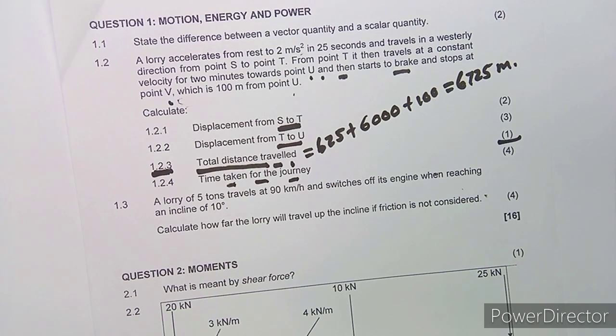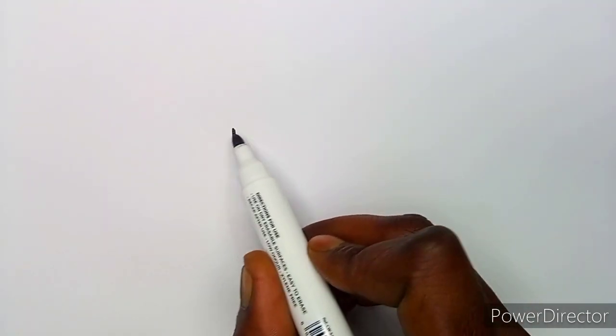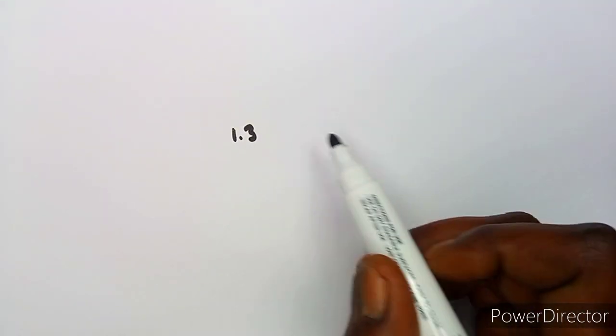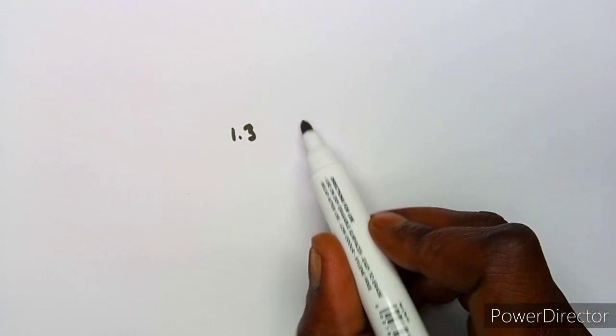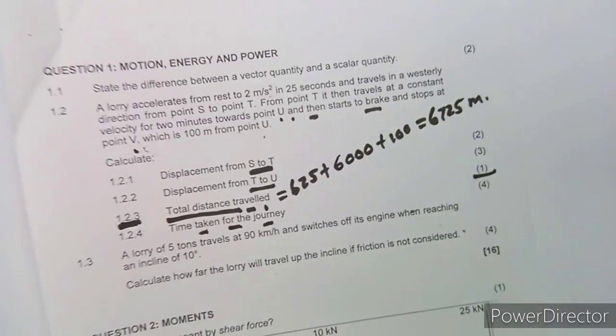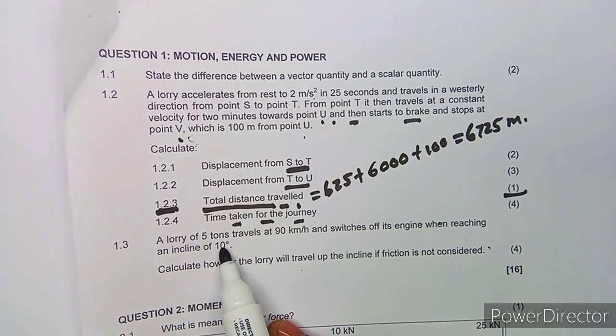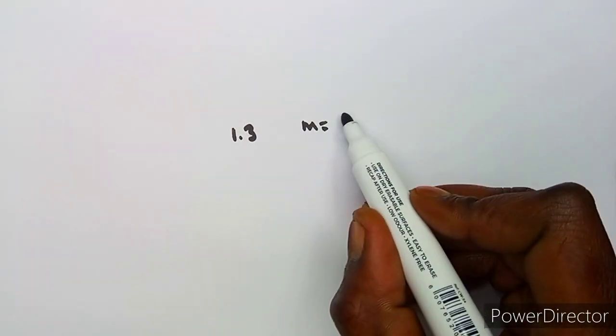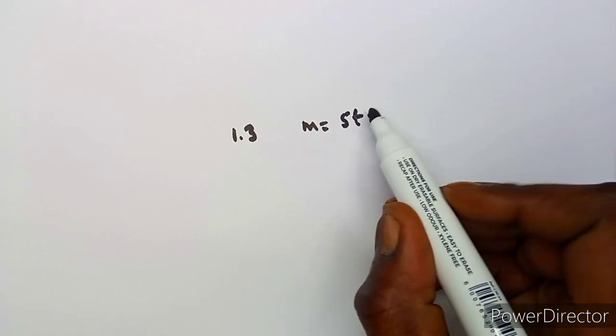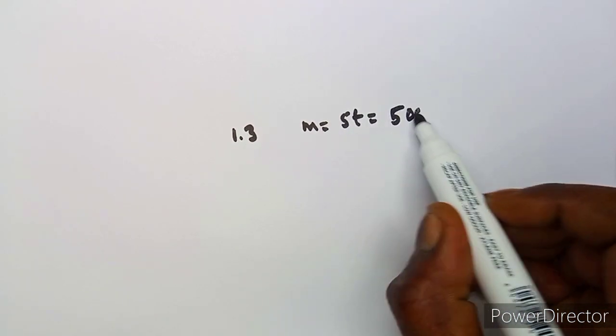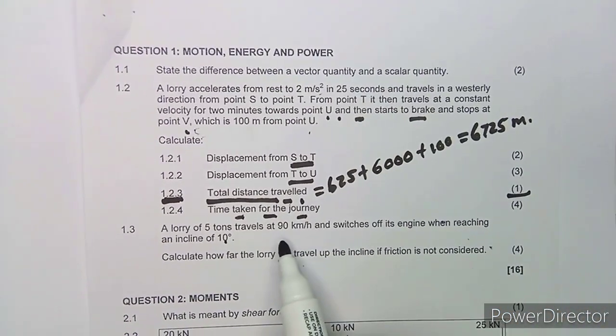All right. This is it, guys. Let us just take our information because here we have got a lot of things that we have to consider. This is a lorry with a mass of 5 tons, so which means we have to convert this to kgs. In a ton, we have got 1000 kg, so which means 5 tons we have to multiply by 1000, which is 5000 kilograms.